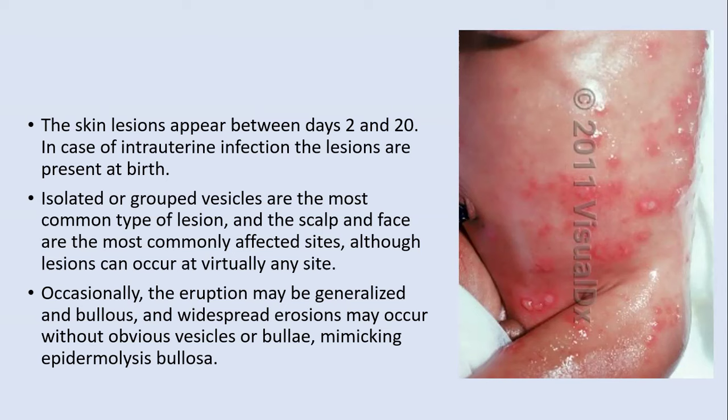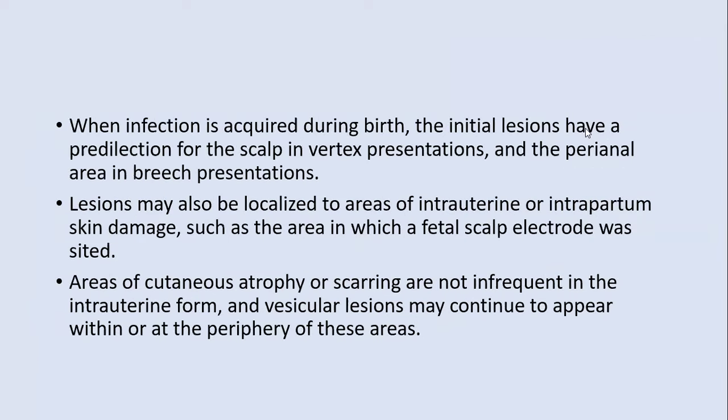Occasionally, the eruption may be generalized and bullous. There can be widespread erosions without obvious vesicles or bullae that may mimic epidermolysis bullosa, but the new lesions tend to stop soon, while in EB, the lesions keep on developing.